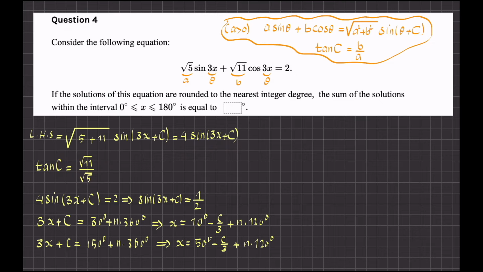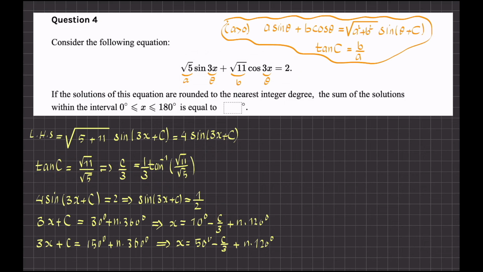Now it is a good time to go to the calculator and calculate this number c over 3. So it means that I have to calculate c, which is tangent inverse of square root of 11 over square root of 5. But because I want c over 3, I multiply it by 1/3. This is the number that I use the calculator to find the answer.